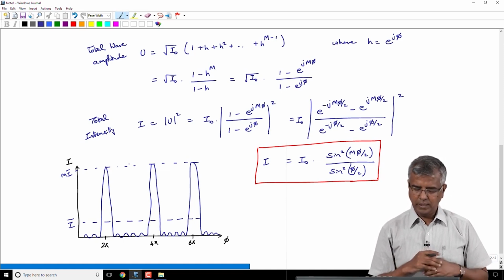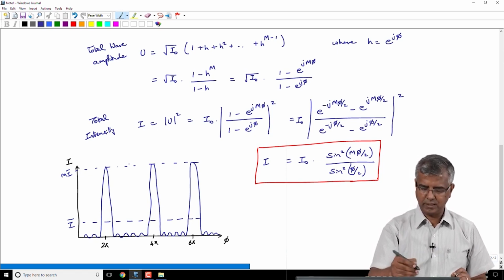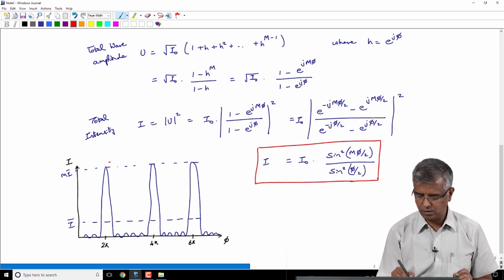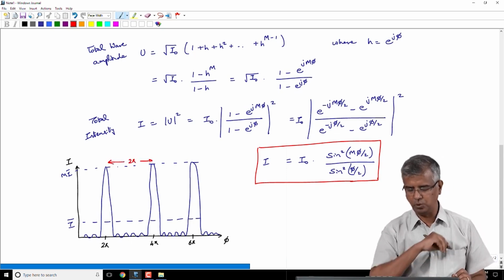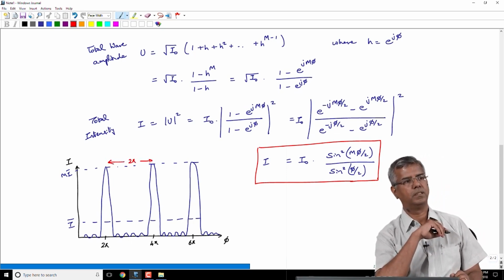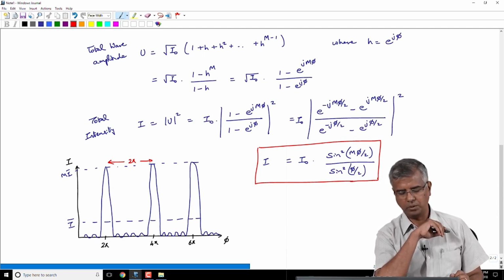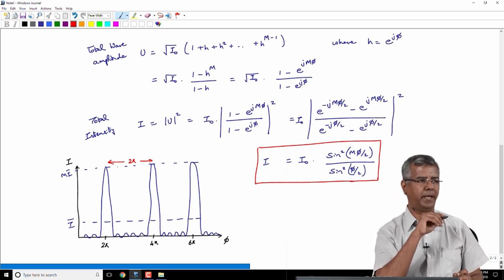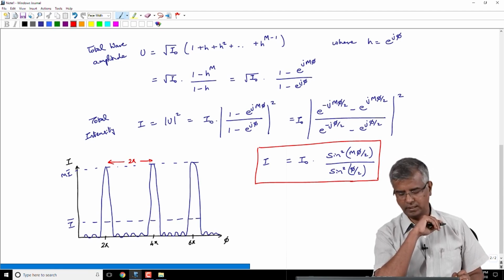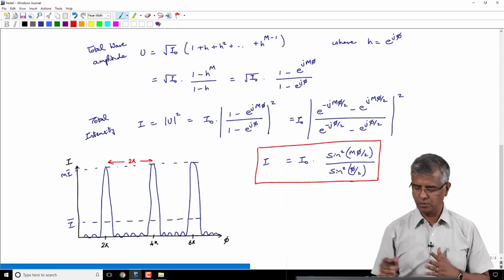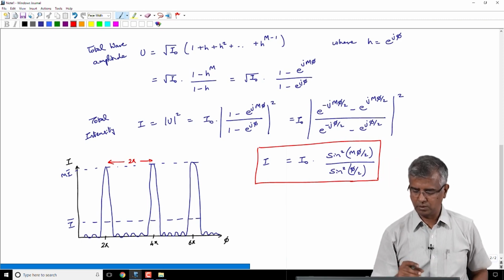And one interesting aspect, well, of course, one thing to say is that between two of these peaks, you have 2 pi as the phase difference. So, you'll have to accumulate 2 pi to get from one peak to another peak.